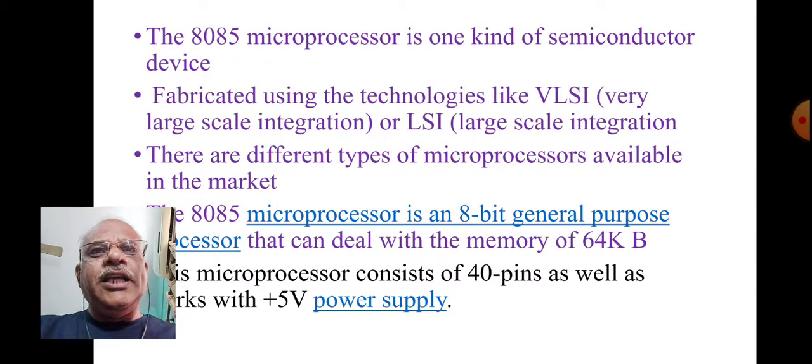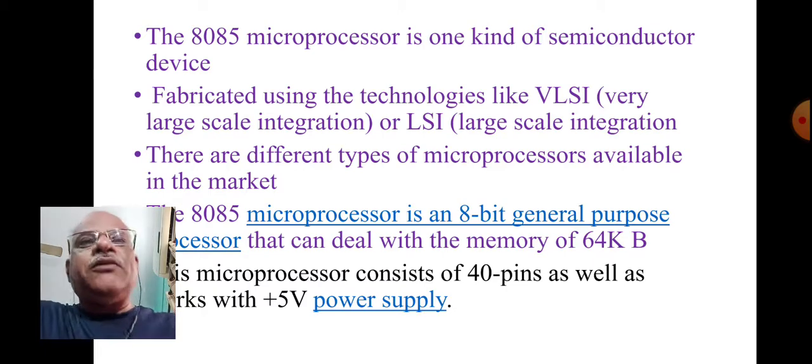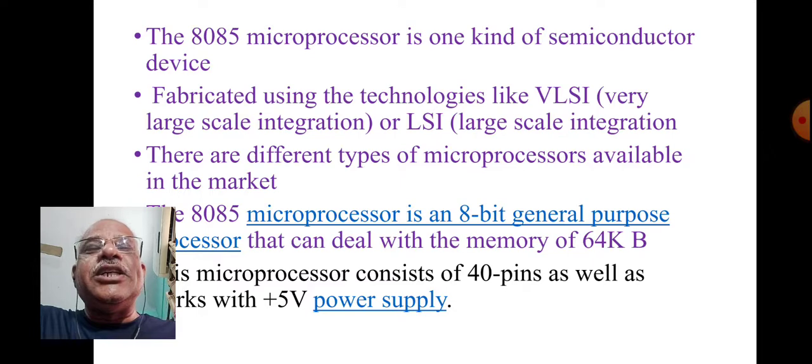The 8085 microprocessor is one kind of semiconductor device. Remember, it is an integrated chip, which means a number of semiconductor components are carved, that is, etched, on a single semiconductor material chip. That particular semiconductor chip contains a number of circuitries, and all these circuitries are internally connected. In mathematics, you use the symbol of integration.